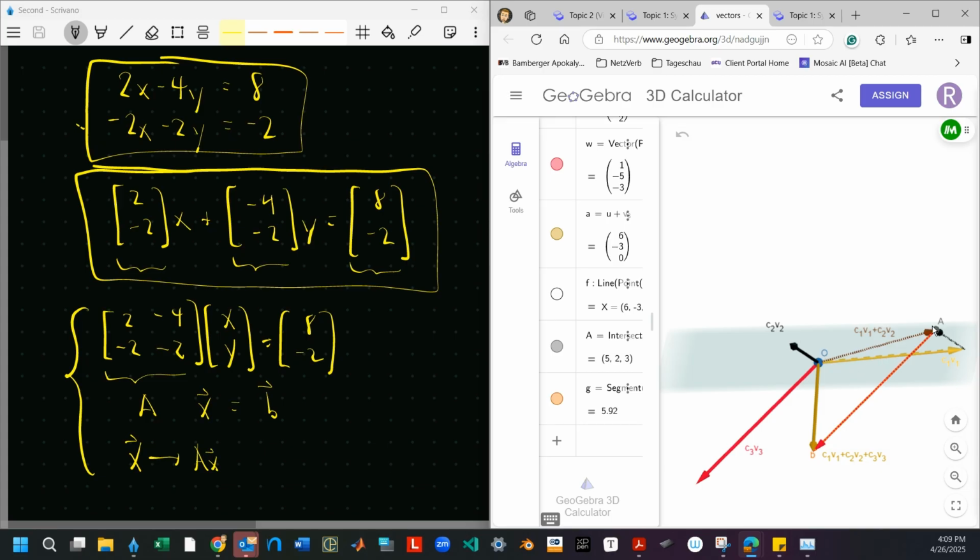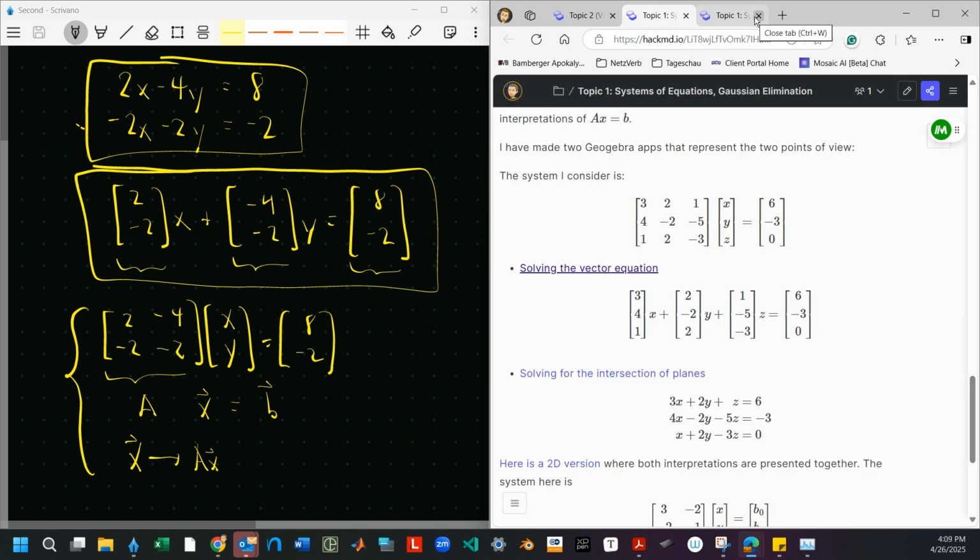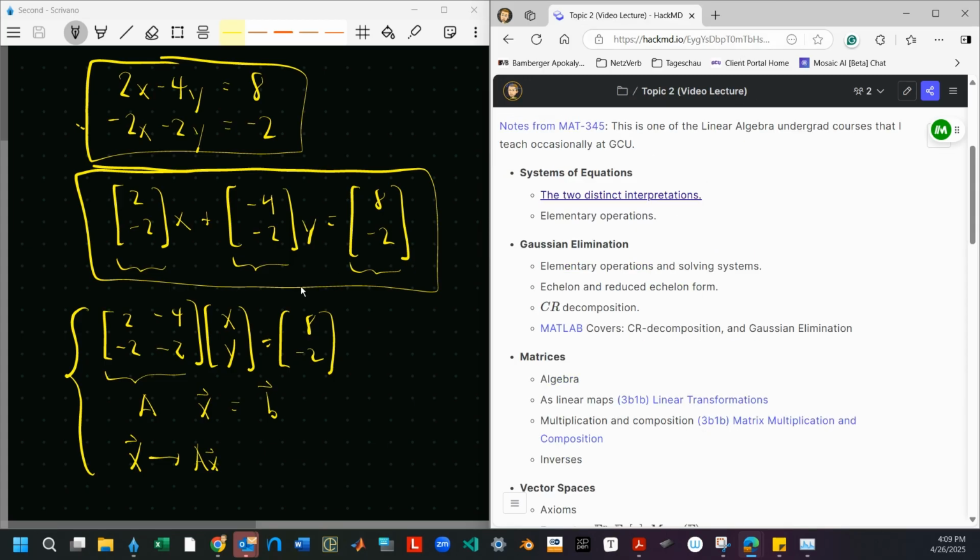And then once I've done that, I've got the point A, and then I can just stick this vector back on there, right? And I get that. So these are all techniques you would learn in a linear algebra class. But the point here is just these two different interpretations of what a system of equations might be visualized as, right? And so this is just visualizing systems of equations.